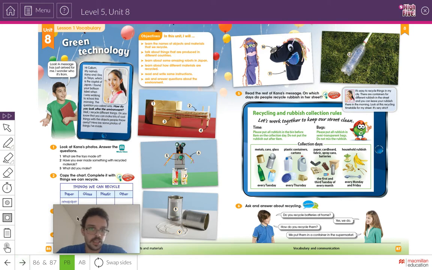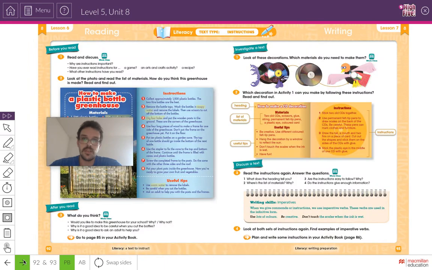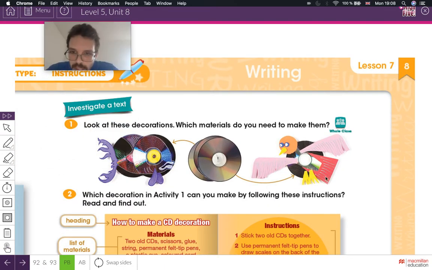We had all these things like string and buttons, bottle tops, fabric, cans, elastic bands, straws. So what things do we need to make these decorations? Well, looks like we need some fabric and some CDs, maybe a bit of cardboard.